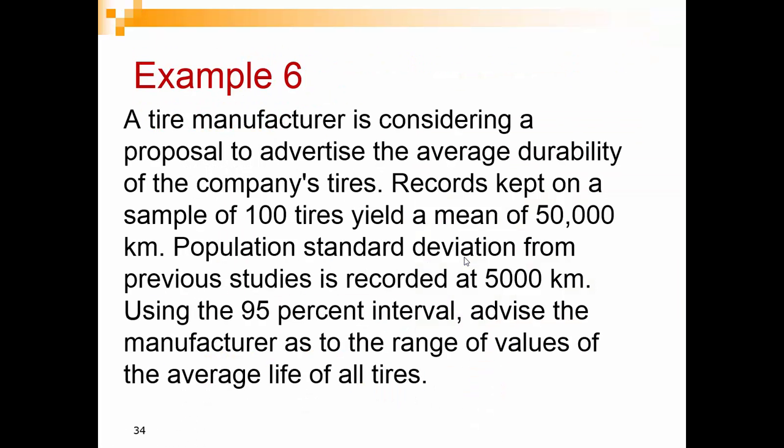So let's click ahead to this problem. Example 6. We have a tire manufacturer considering a proposal to advertise the average durability of the company's tires. Records kept on a sample of 100 tires, so our n is 100, yield a mean of 50,000 kilometers. So that's a sample that has a mean of 50,000, so that's our x bar.